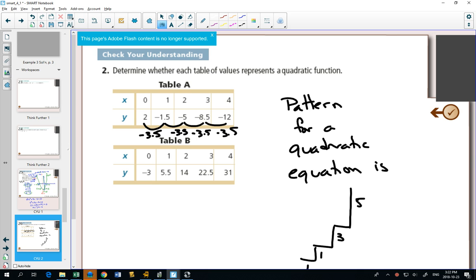Is it following this kind of pattern of over 1, up 1, over 1, up 3? No. If it's always going the same, like this one, this is a line. It's a linear function. Whenever something does the same thing over and over again, that makes it a line.